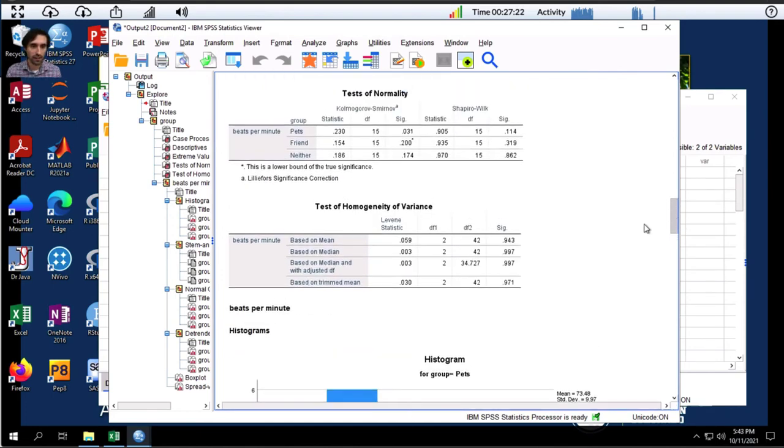So we look down at the test of homogeneity of variances, and look, we got 0.943. If we're looking at a significance threshold, usually an alpha of 0.05, this is very far from it. Think of Levene's test as almost the opposite of when we're trying to find statistical significance.